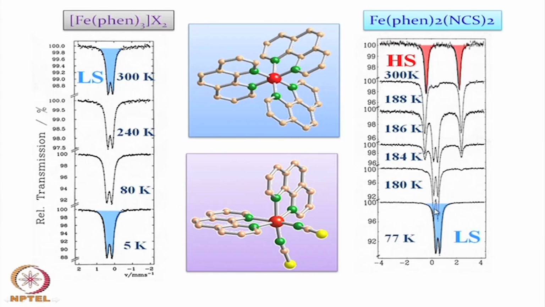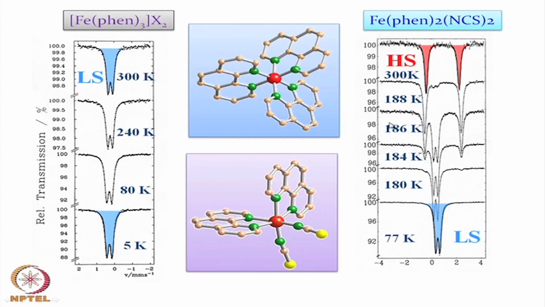As we move up, at 180 K the splitting is increasing. At 184 K, we have 1, 2, 3, 4, all 4 signatures present. Similarly for 186 also.